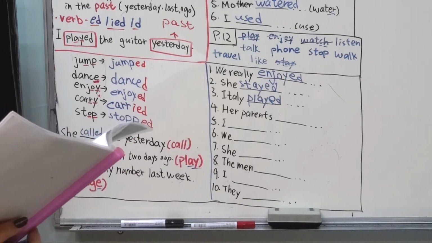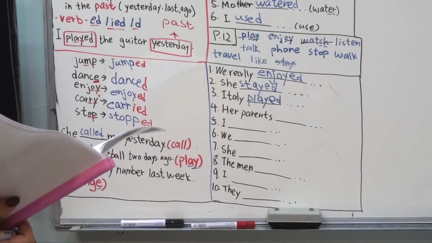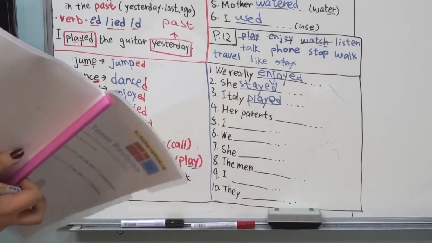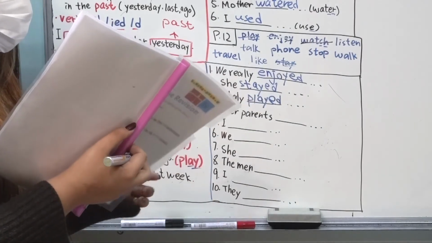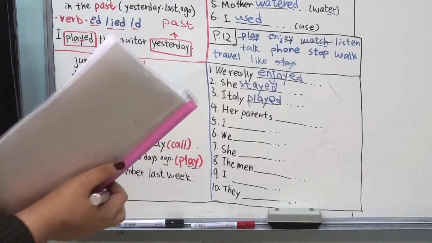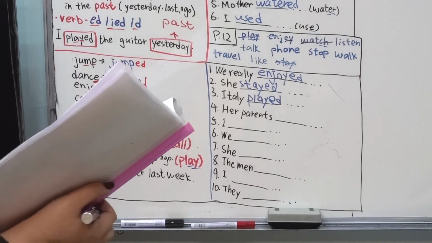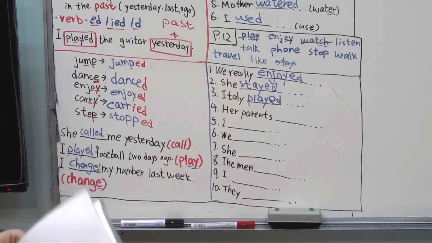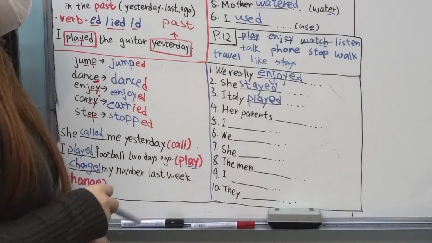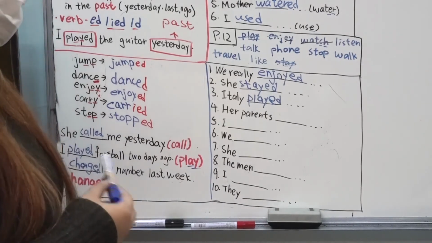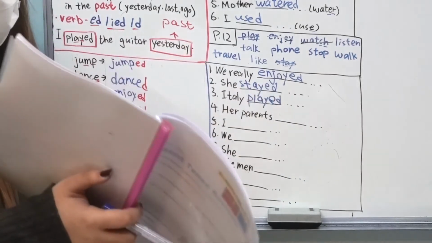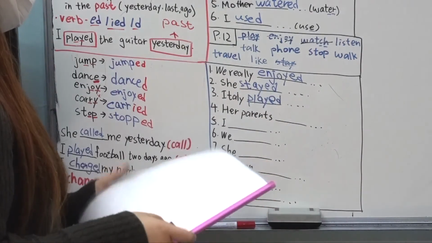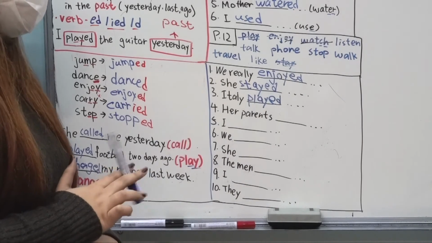Number 4. Her parents what by train from Shanghai to Moscow. So what can you do by trains or taxi or plane? Can you walk by? No, you can't walk by a train, right? From Shanghai to Moscow. Any idea?